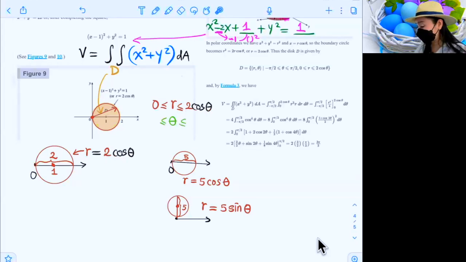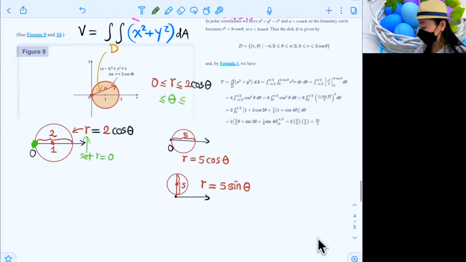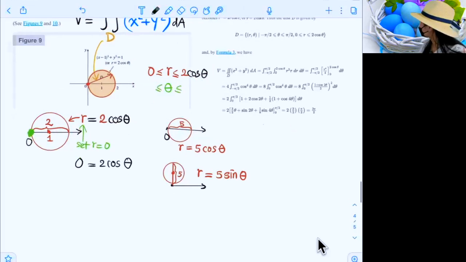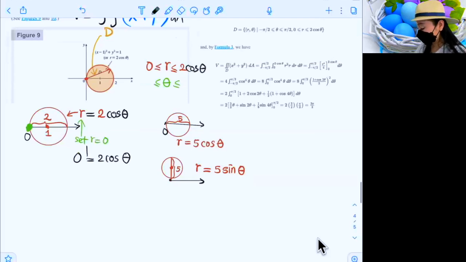So that way the radius, right? If you try to find out when this will be at the pole, you're going to set r equal to 0. So when you set r equal to 0, you get 0 equal to 2 cosine of theta. Solving this, you get cosine theta equal to 0. What does cosine theta equal to 0?